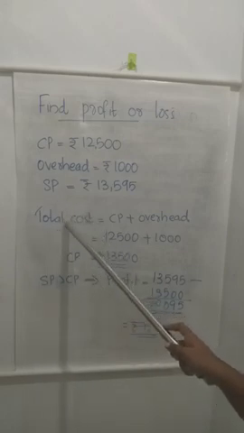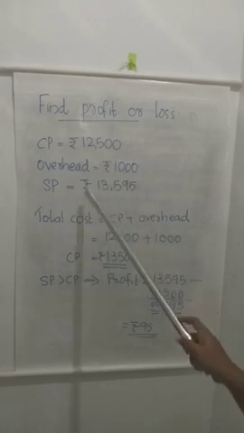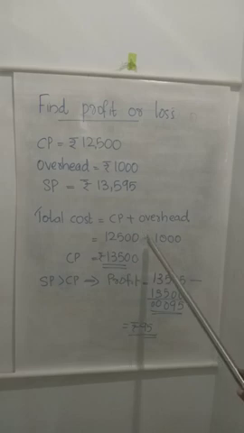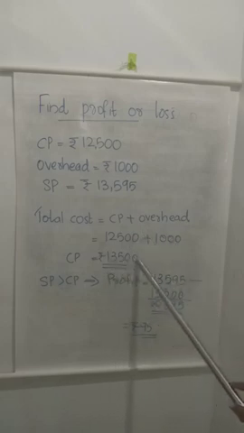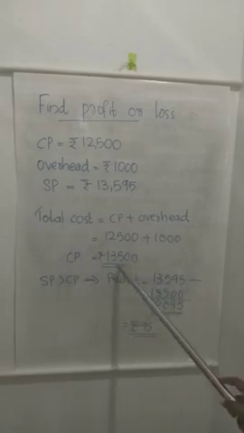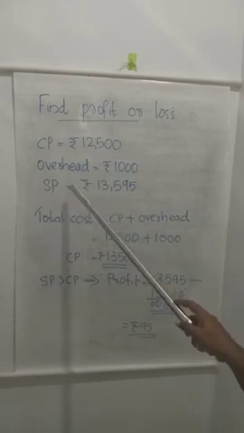How can we find total cost? Total cost is given cost price plus the overhead. So, 12,500 plus 1,000. What do you have? 13,500. So, the total cost is what? 13,500. Now, this cost price and this selling price you have to compare.